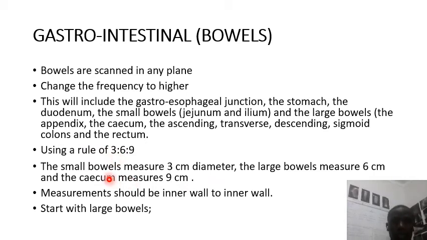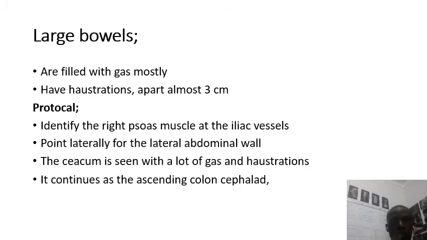So 3 is the diameter for small bowels, then 6 is for the large bowels, whereas 9 is specifically for the cecum. So if you are to start with the large bowels, always filled by gas. So the other unique feature is that they have oscillations almost 3 centimeters apart.